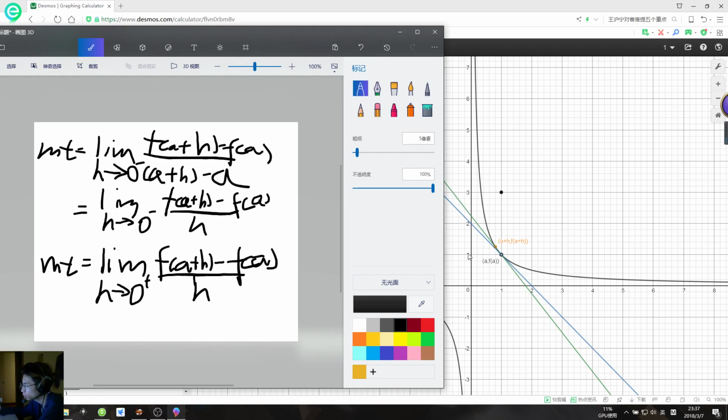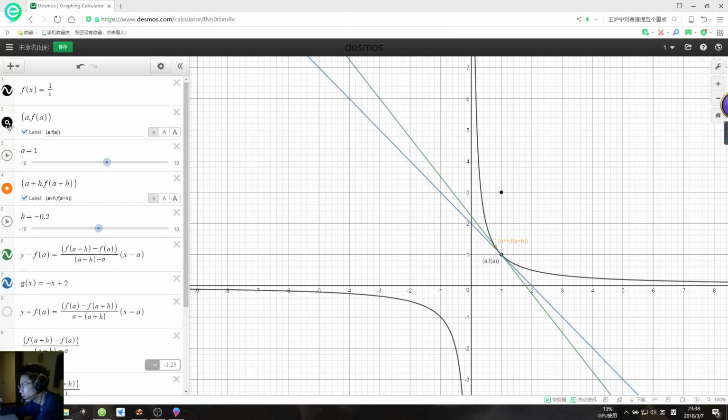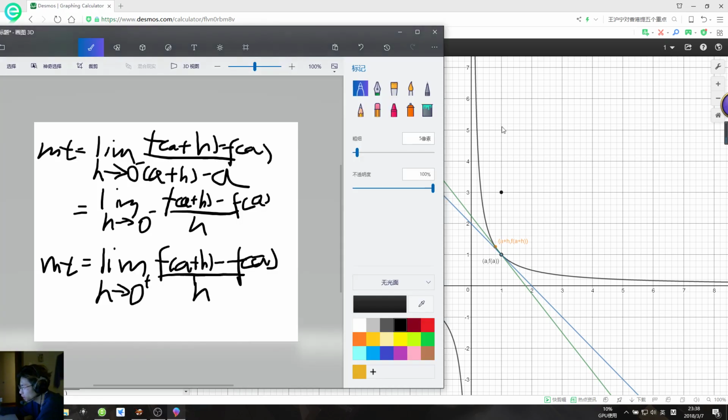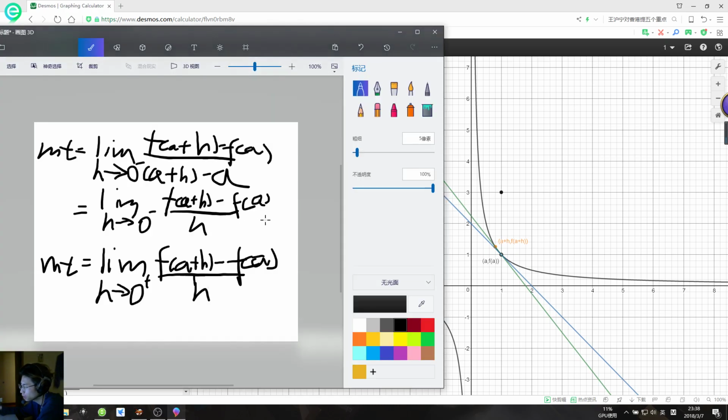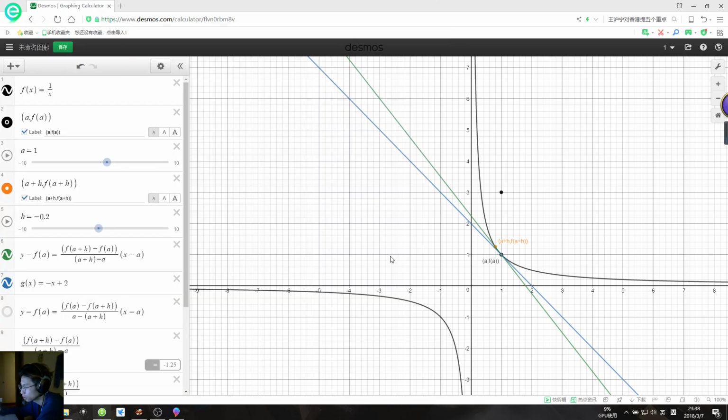Those 2 points, the orange point and the black point, should be very close. The idea of our whole work is approaching. But in this condition, it does not approach each other at all. So the limit here doesn't work for this situation.